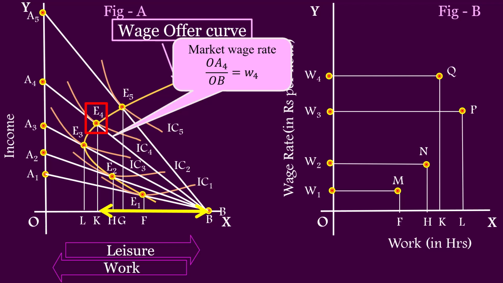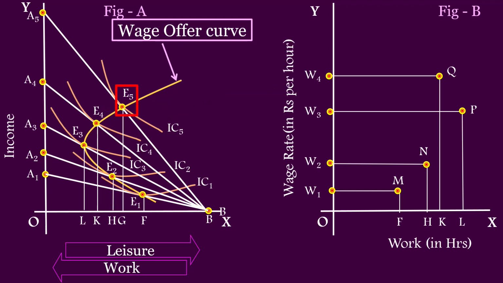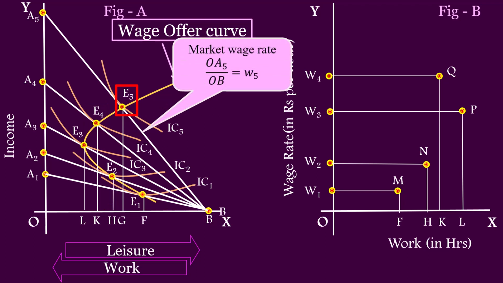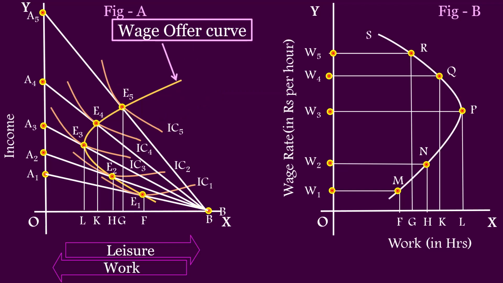Let us plot it in figure B as point Q. At equilibrium E5, the wage rate is OA5 by OB, W5, and the laborer supplies BG hours, that is G hours of work. GW5 is another point on the supply curve of labor. Let us plot it in figure B as point R. By joining the points M, N, P, Q and R, we get the supply curve of labor.